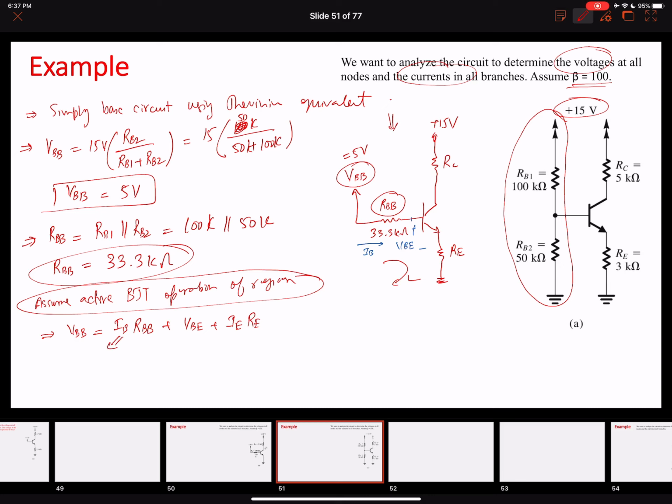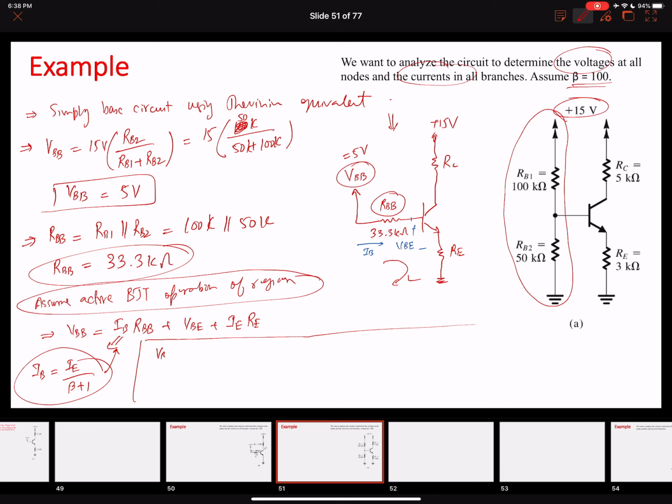So the first thing I will do, so that I have one variable of current over here, is replace this IB by IE over beta plus 1. This is equation one that we derived in one of the lectures in the first week. Let me put this value over here and rearrange this equation.